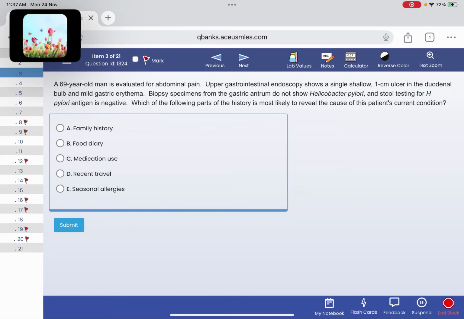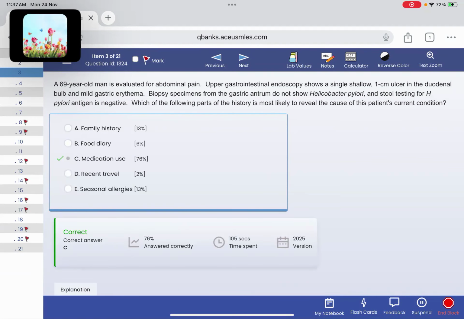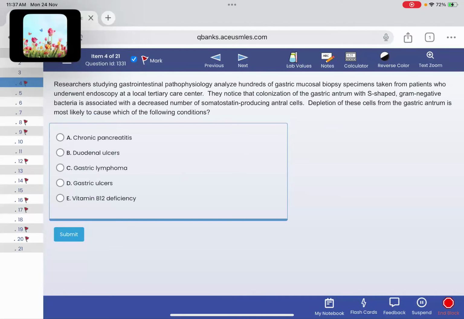Medication use, NSAIDs. Yeah, NSAID use. So two important causes for peptic ulcers are H. pylori infection and non-steroidal anti-inflammatory drug use, right? Yes. All right. Next question.